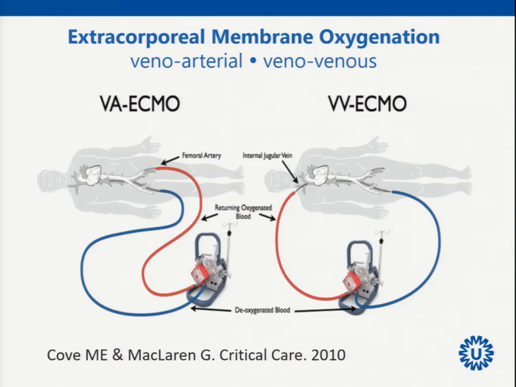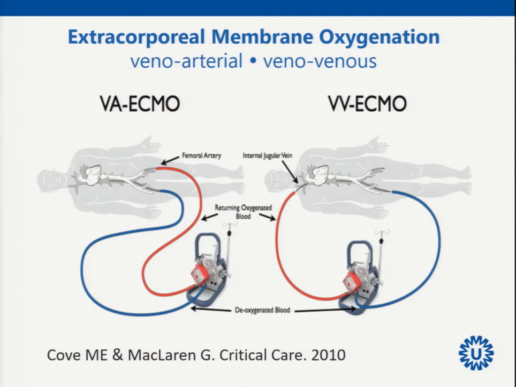So here you see schematically again the difference between veno-arterial and veno-venous ECMO. So again, central venous blood is drained from the central venous system and reinfused in VV into the central venous system, approximately at the same site. And there you understand that there is already a problem, since if you drain it at the site where you give it back, then you have the risk, of course, that it recirculates.